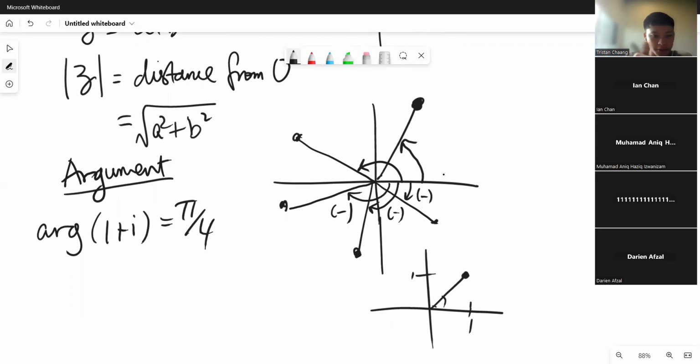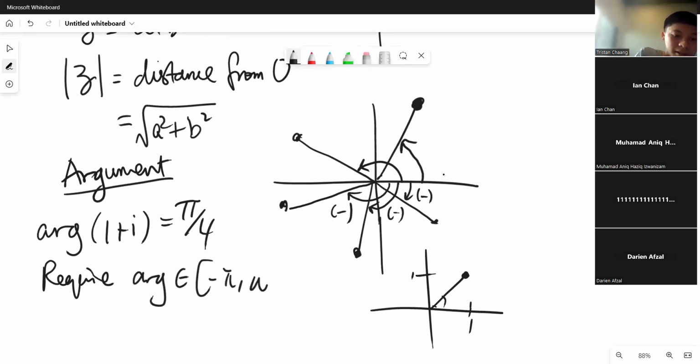Also, normally, just for convenience, we require the argument to be from minus pi to pi.